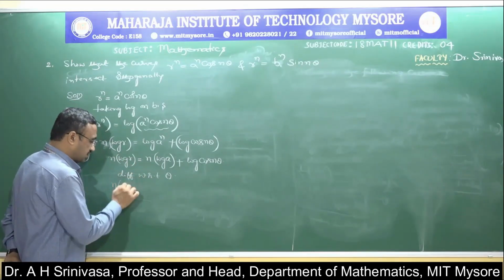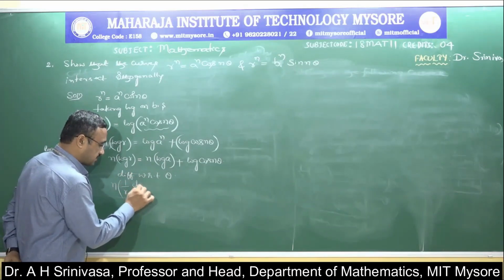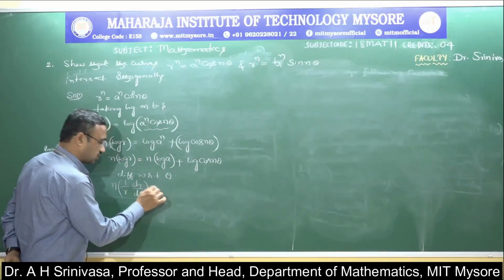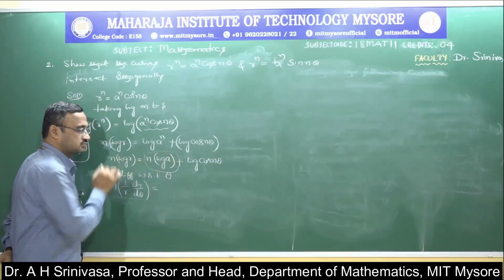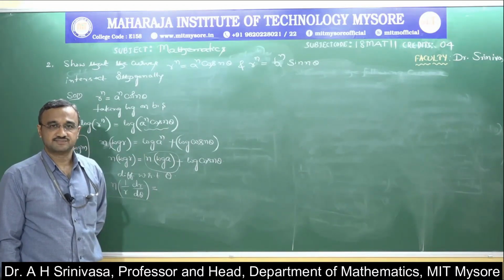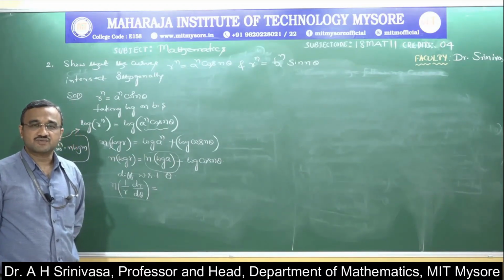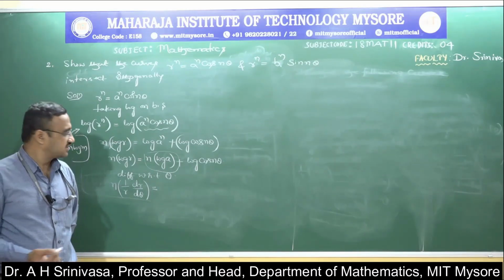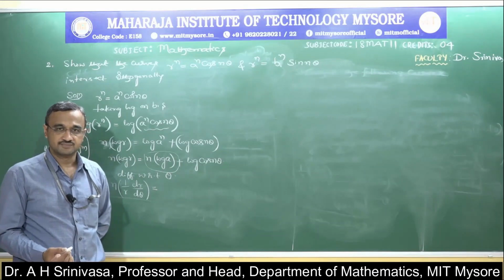The differentiation of log r is 1 by r dr by d theta, equal to... n is constant, log a is also constant. The differentiation of a constant function becomes 0 with any variable.